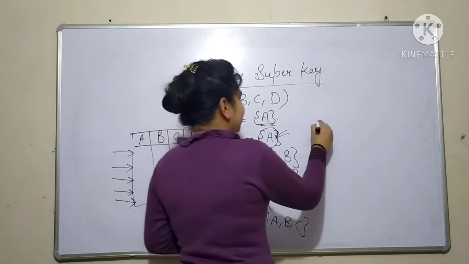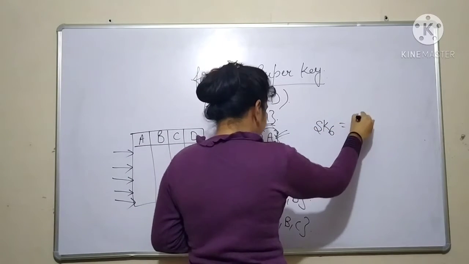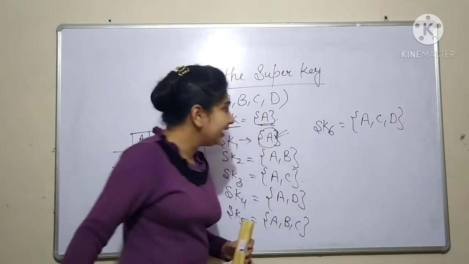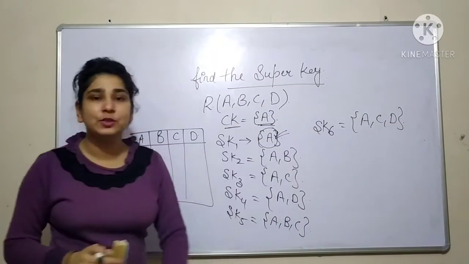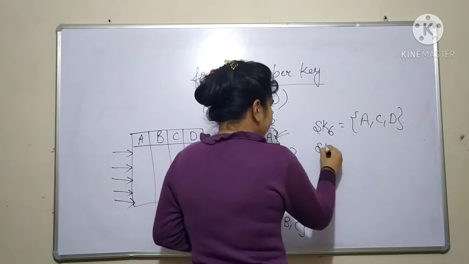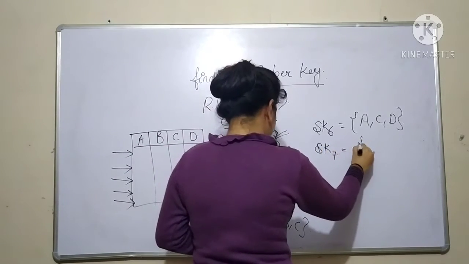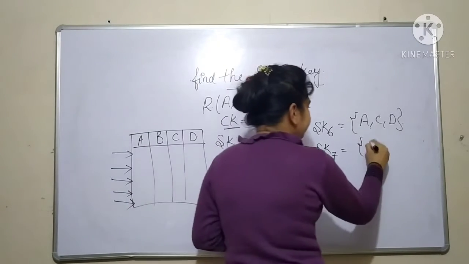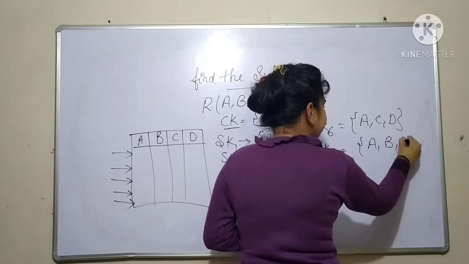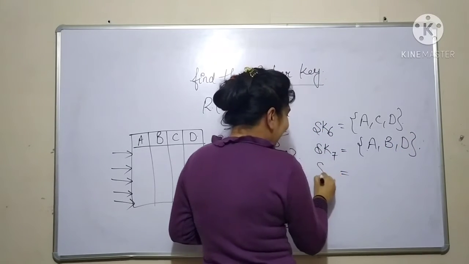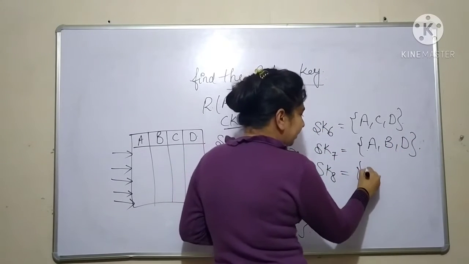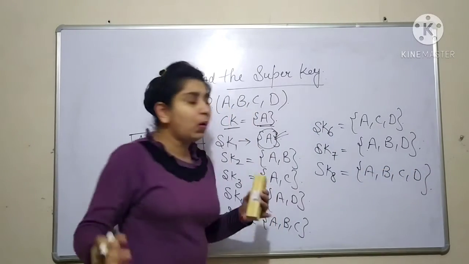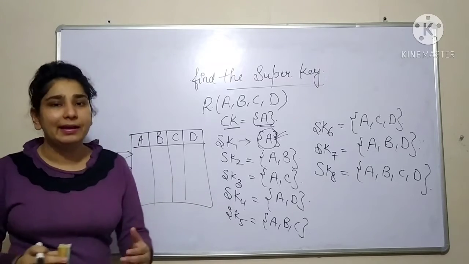The next super key is going to be A, C and D. Then the next super key is going to be A, B and D. And one more super key we will get is A, B, C and D. So all possibilities we are getting.